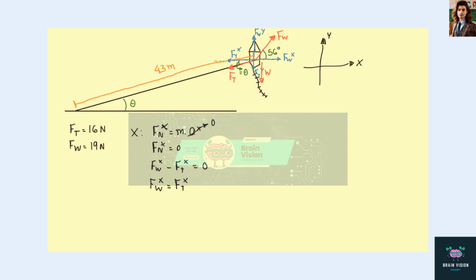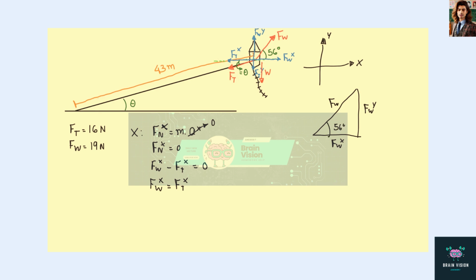And now note the following. We can use triangles to determine what is the relation between the x component and the magnitude of the force. For the wind force, we have this triangle. Here is the wind force, here we have the y component, and here we have the x component, and 56 degrees.